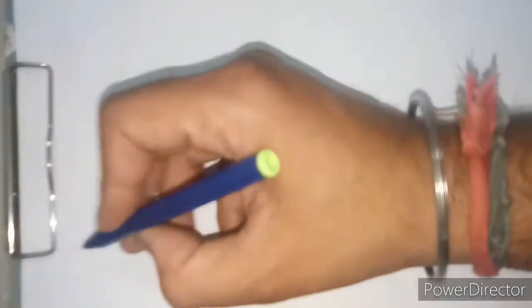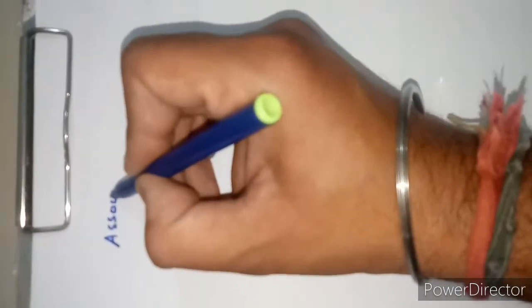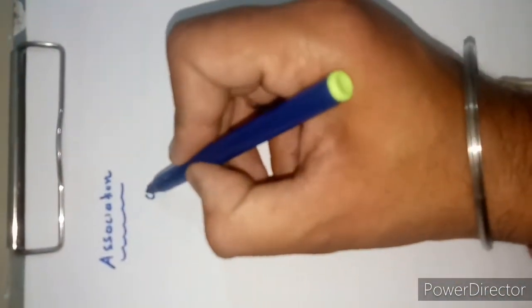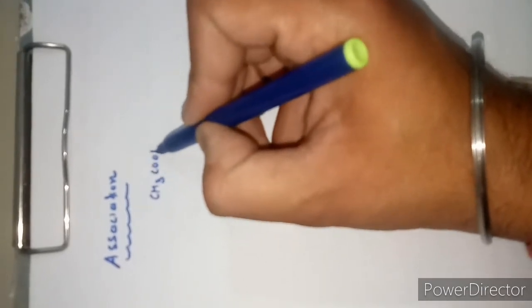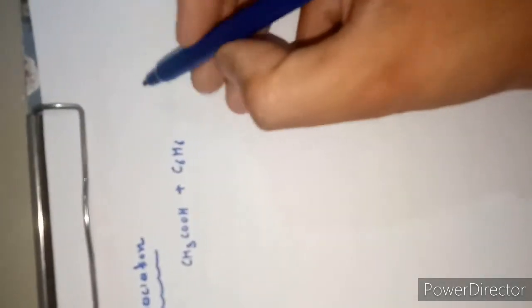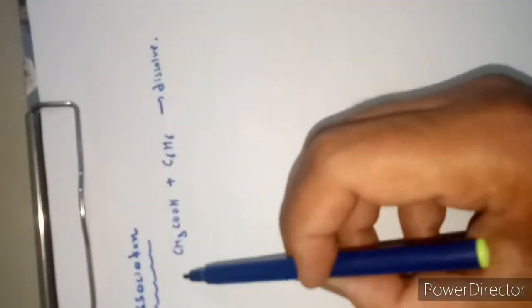What happens in association? When acetic acid is combined with benzene, it dissolves. That's true. As mentioned earlier, association is dependent on the organic solvent.